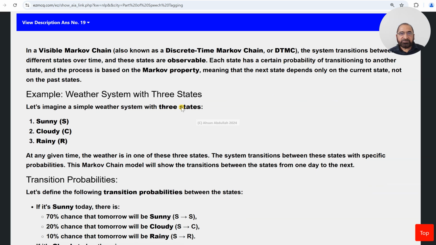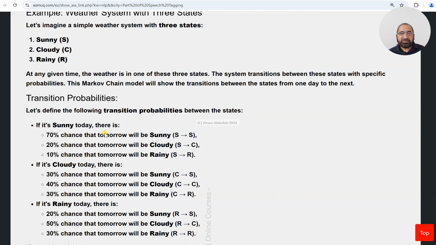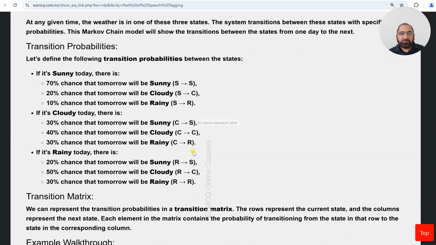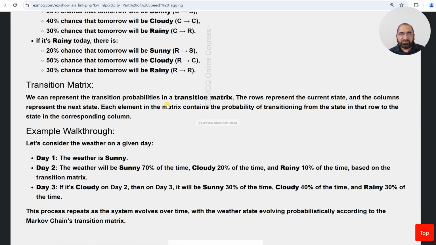So let's imagine a simple system with three states, and there are the transition probabilities. There is a 70% chance that tomorrow will be sunny, moving from sunny to sunny, and a 20% chance that tomorrow will be cloudy, moving from sunny to cloudy, and of course there are all these nine probabilities. We have a transition matrix also corresponding to these probabilities. I will show you right now.